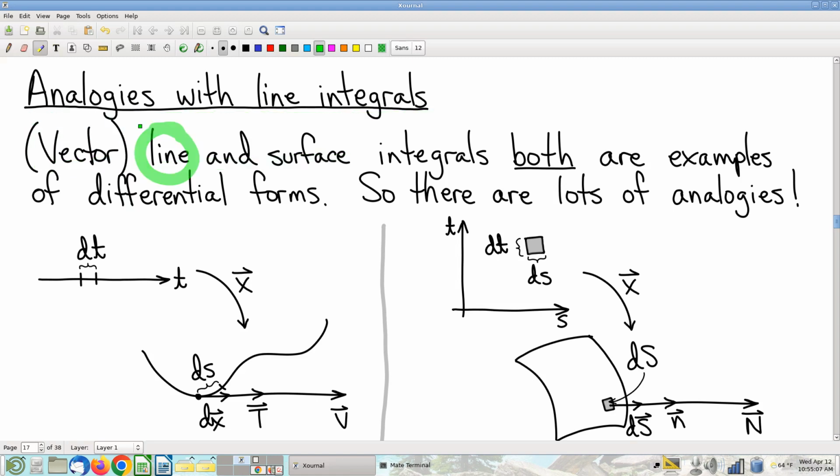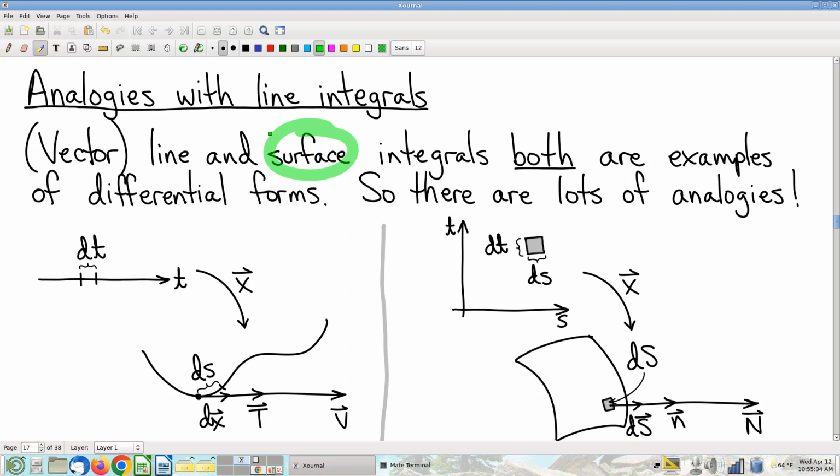Vector line integrals are motivated by the physical concept of work. Vector surface integrals are motivated by the physical concept of flux, which is a completely different physical concept that happens on a completely different geometric object, namely a surface instead of a curve.